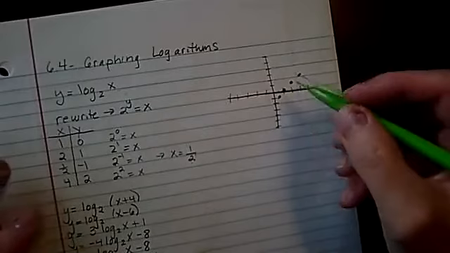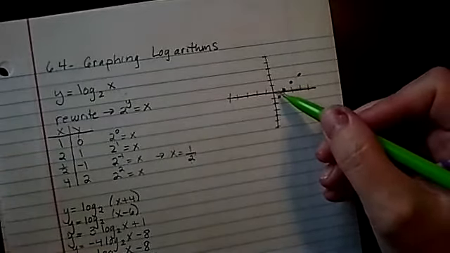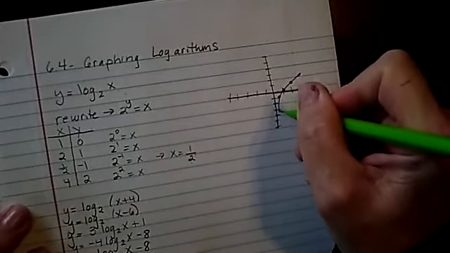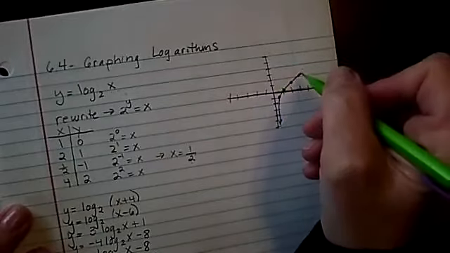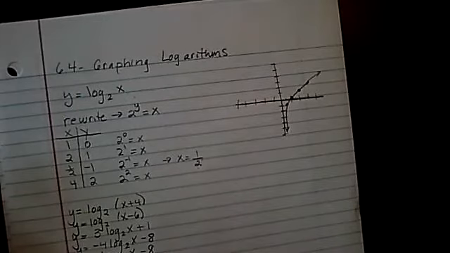So here's our graph. Now, if I picked a number that was less than 1, it's always going to continue getting closer and closer to the y-axis, but it's never going to cross that axis, right? We'll talk about that in just a minute.